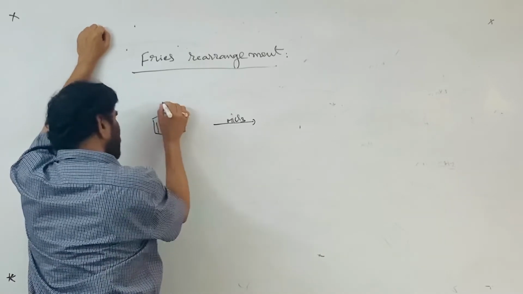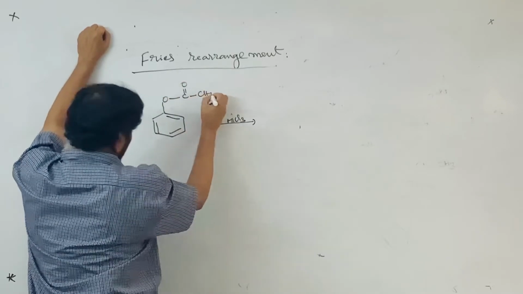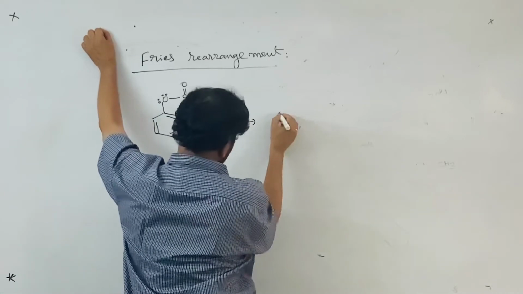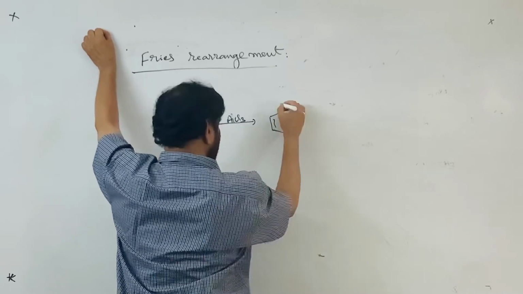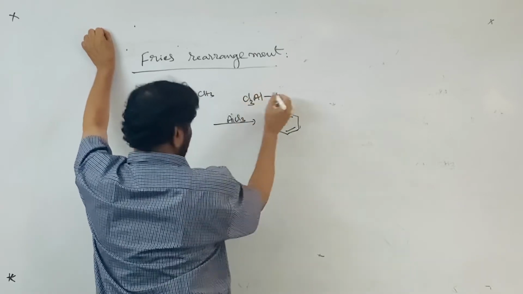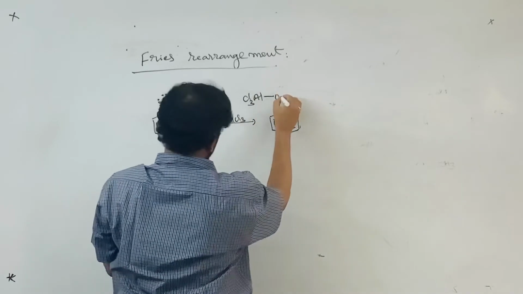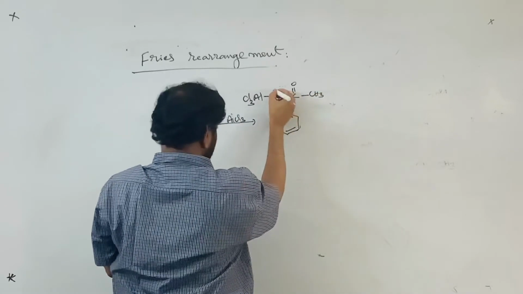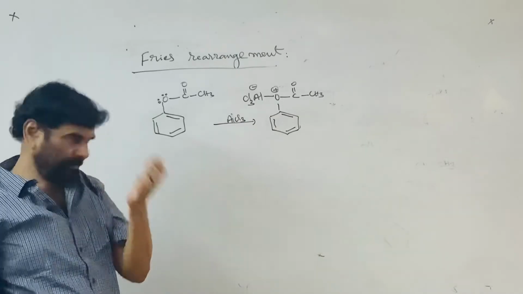Same compound, I am not changing it. This contains two lone pairs of electrons. AlCl3 is an electron deficient molecule, only the sextet is completed. AlCl3, by taking one lone pair, forms CH3, C double bond O, CH3, with positive charge and negative charge.